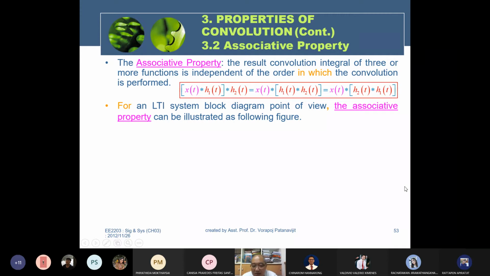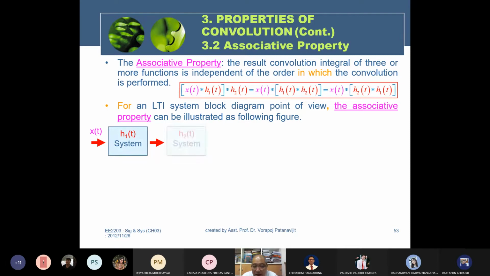From the LTI system block diagram point of view, the associative property can be illustrated as follows. The key for using the associative property is to try to take the convolution of the simple one first.